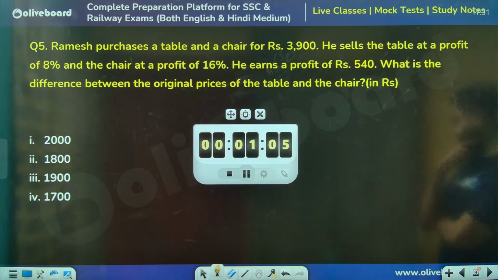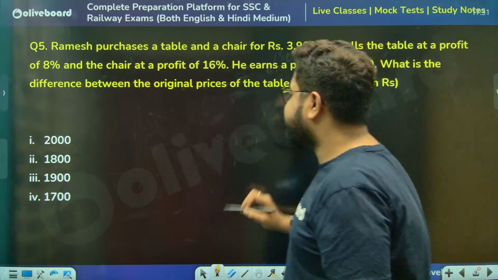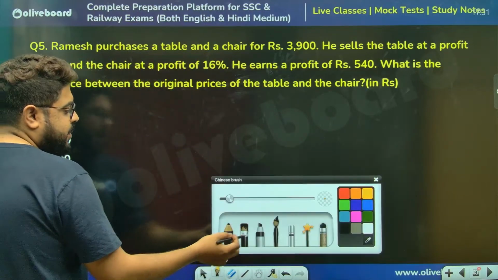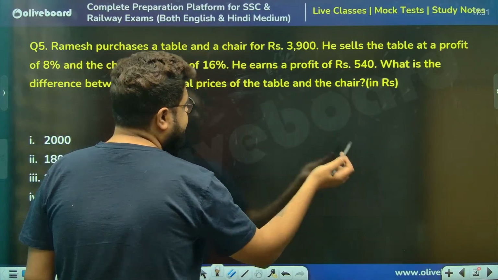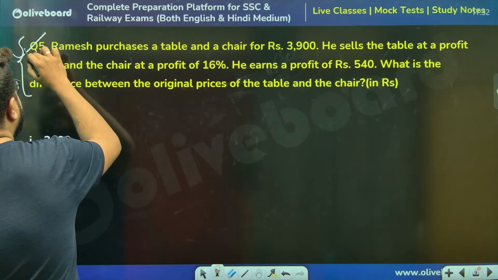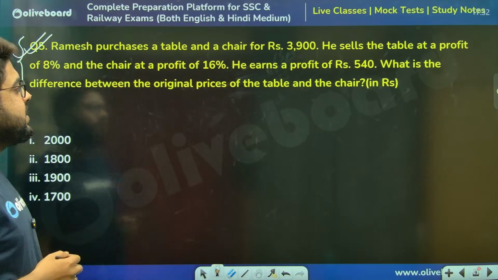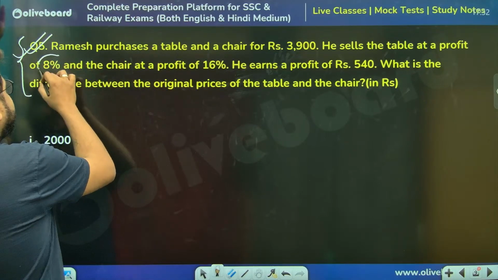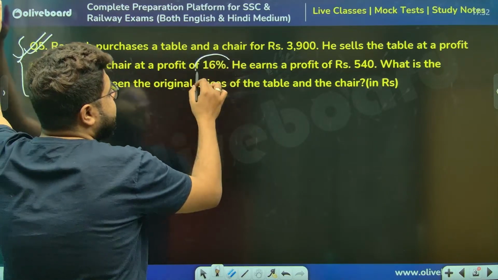Okay. This one, sir. If you have learned allegations properly, you will say this is a template question of allegations, and that is the best way to solve this. So it sells a table at a profit of 8% and the other one at 16%.